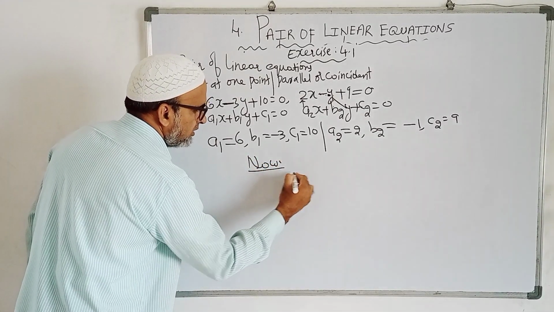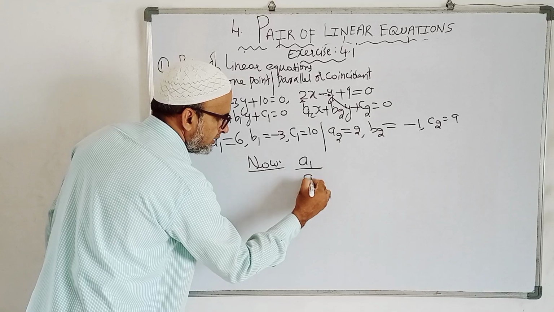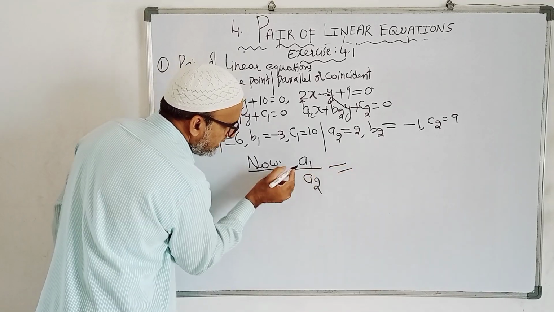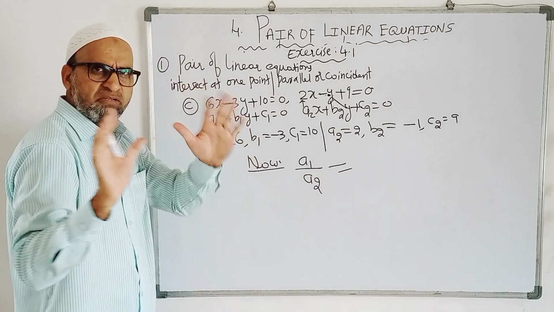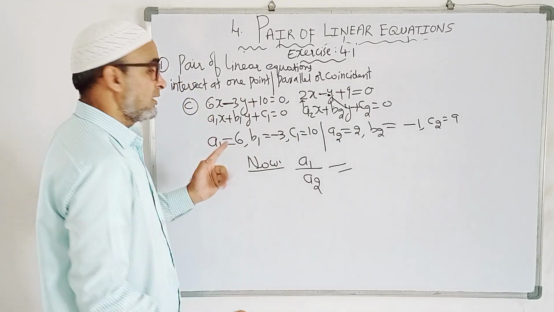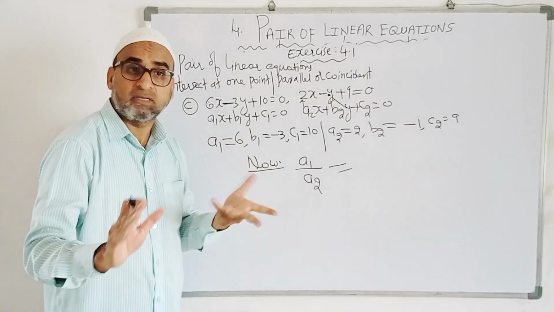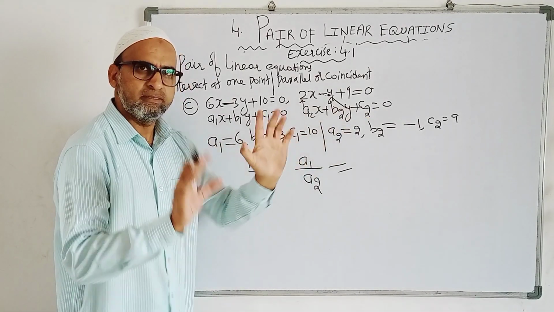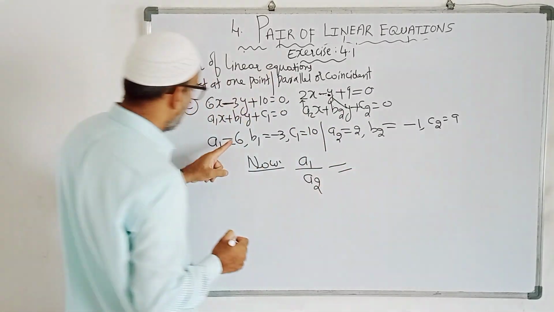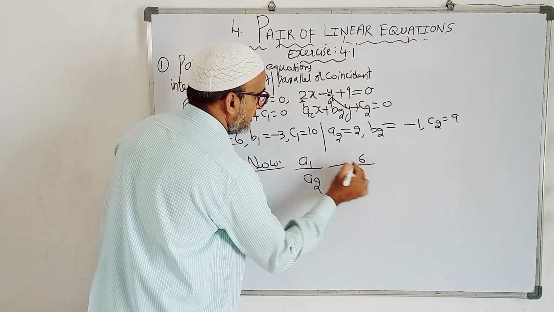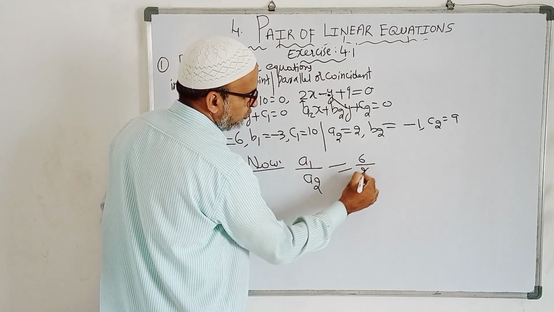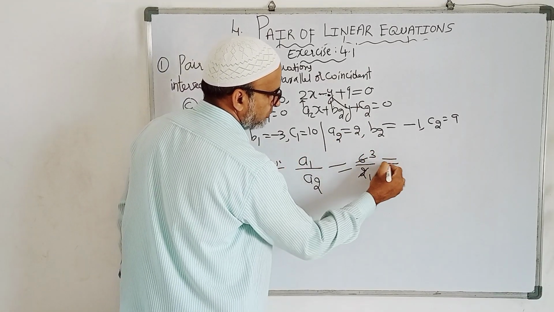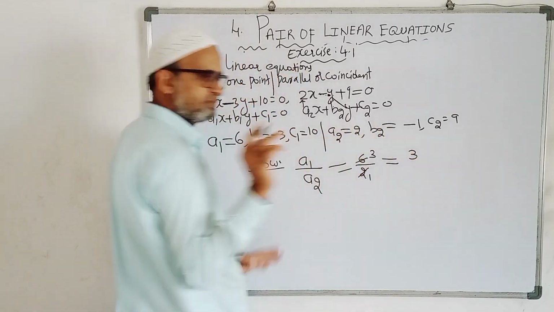Now what ratios should we find? First one, A1 by A2. Don't get any confusion also. A, B, C, that much only. Otherwise, confusion like A1 by B1, C1 will arise. Nothing. A, B, C. This is equal to A1 6 by A2 2. 2 1s are 2, 2 3s are 6, is equal to 3 by 1, which means 3.